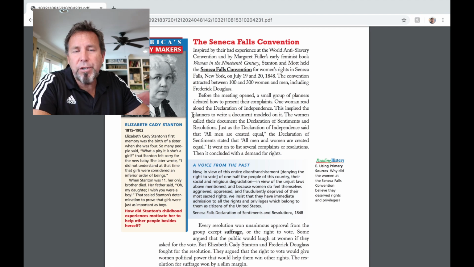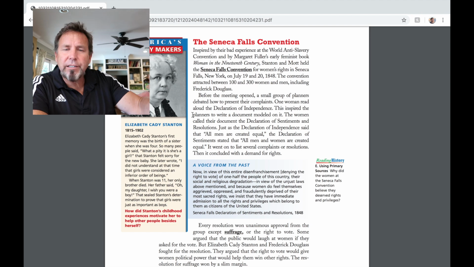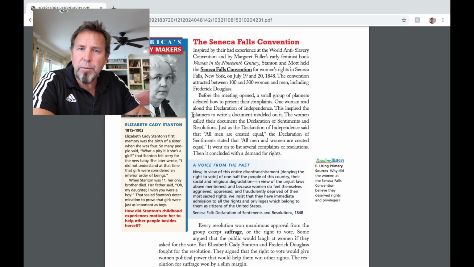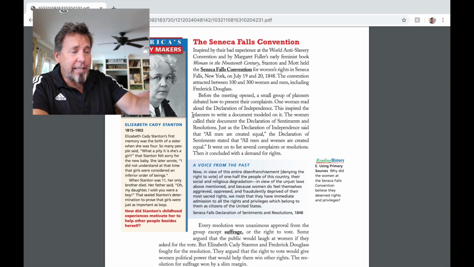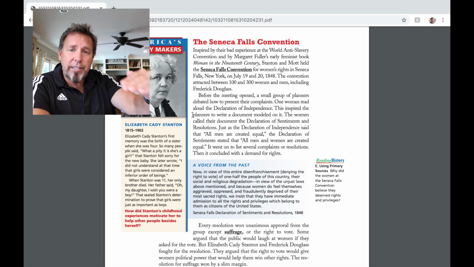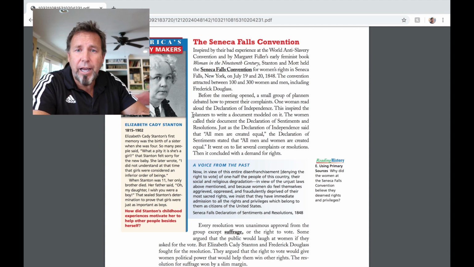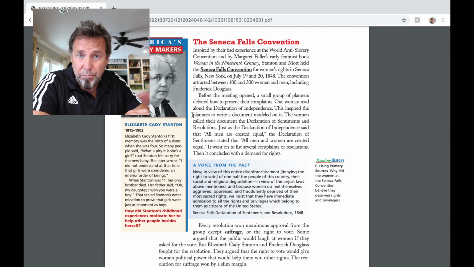And if you remember in the Declaration of Independence, it talked about, he has done this, he has done that, talking about King George III, the bad guy in the American Revolution. In their document, they said, he has done this, he has denied us this, he has denied us rights. It's talking about men, basically, that have denied women their rights.